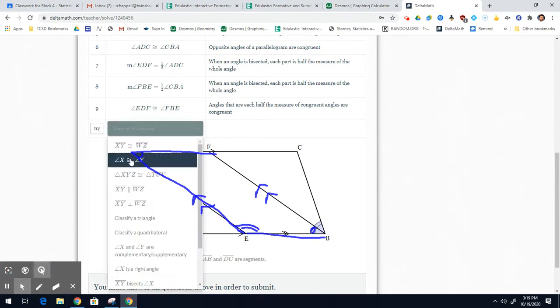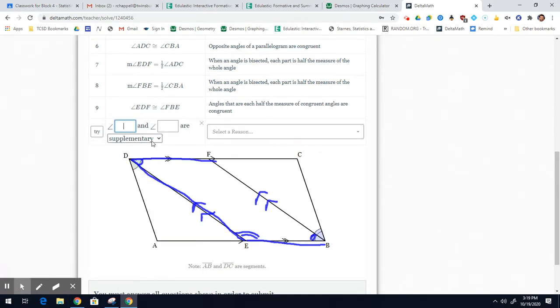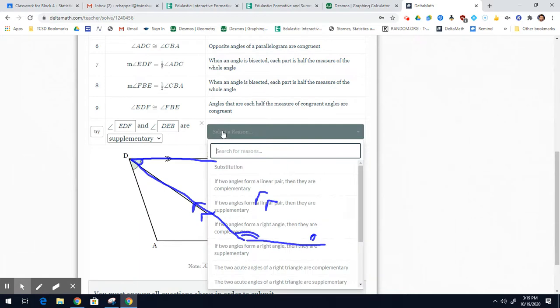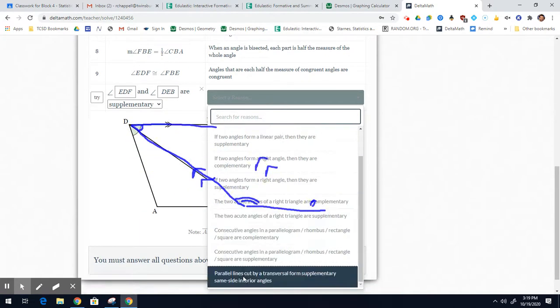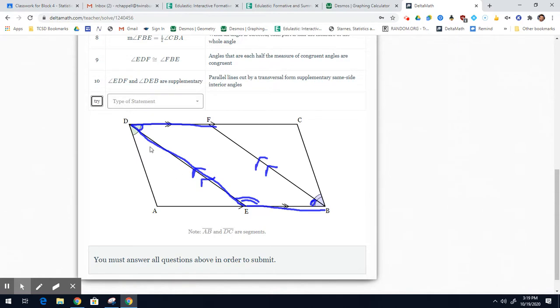So I'm going to say angles are supplementary. I'm going to say angle, this one up here, EDF is supplementary with angle DEB. That's because I have parallel lines and I have same side interior angles. Guys, so those two angles.